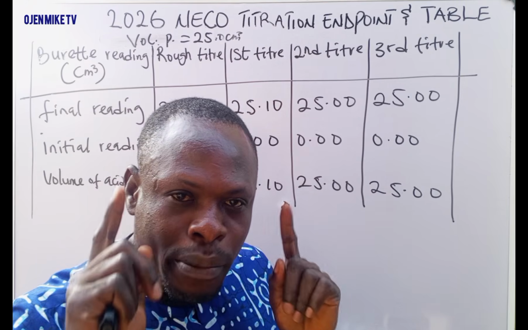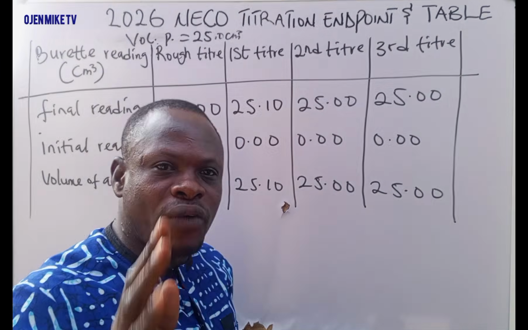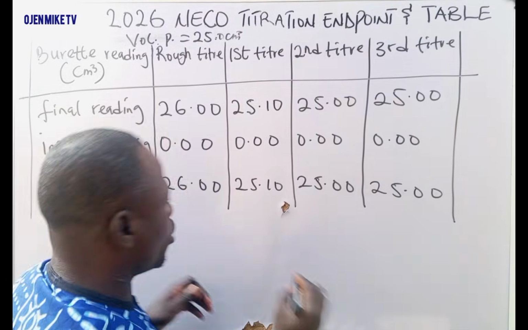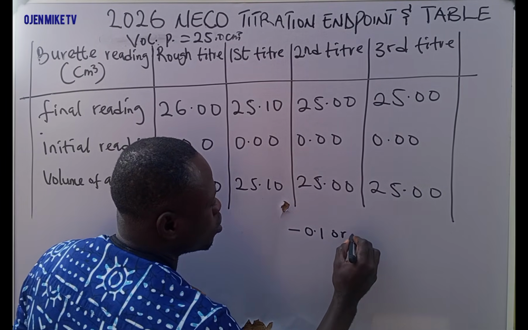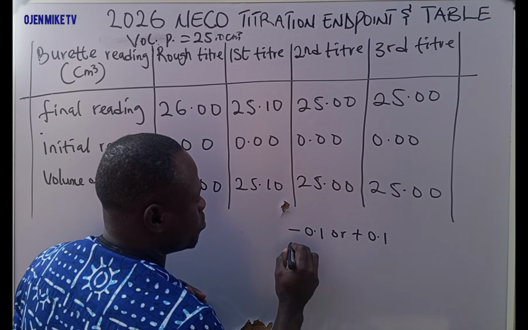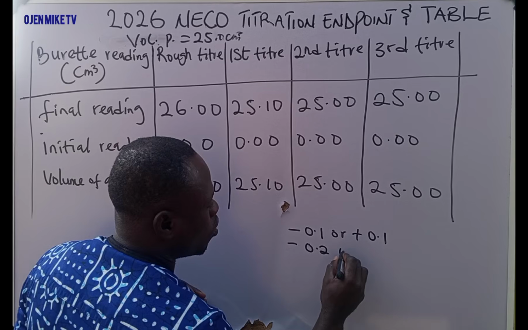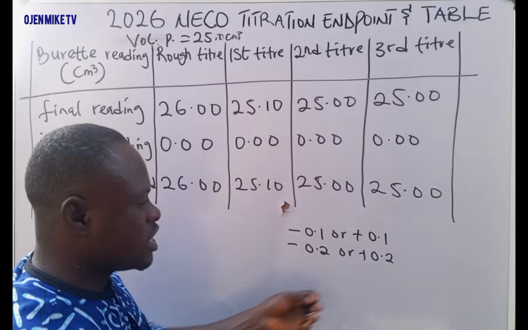Remember the values of your first, second, third titer should vary by 0, minus 0.1 or plus 0.1, and minus 0.2 or plus 0.2. This is how your values should be.